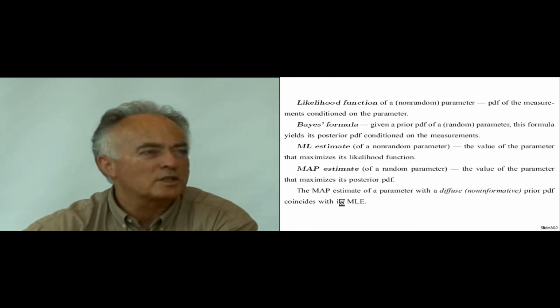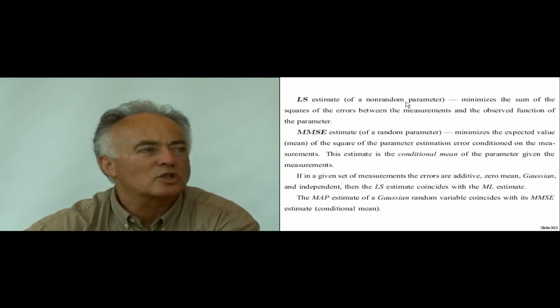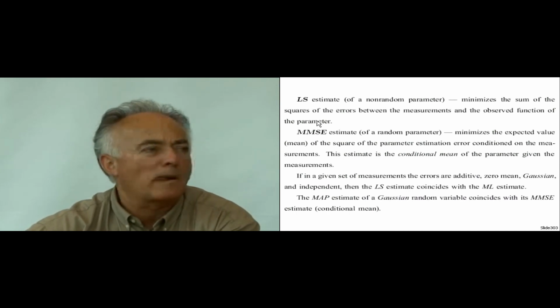The least squares estimate, which pertains to a non-random parameter, is the one that minimizes the sum of the squares of the errors between the measurements, the observation, and the function we observe, which is a function of the parameter. So that's a least squares fit of the measurements to the parameter.